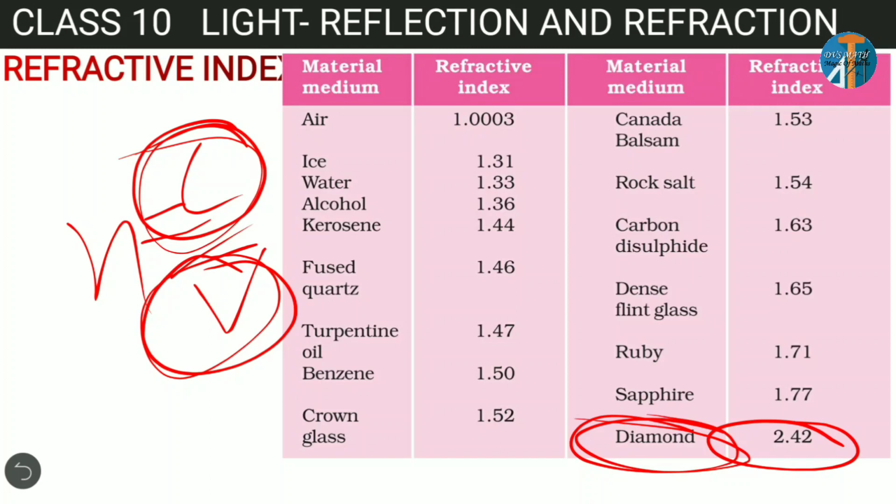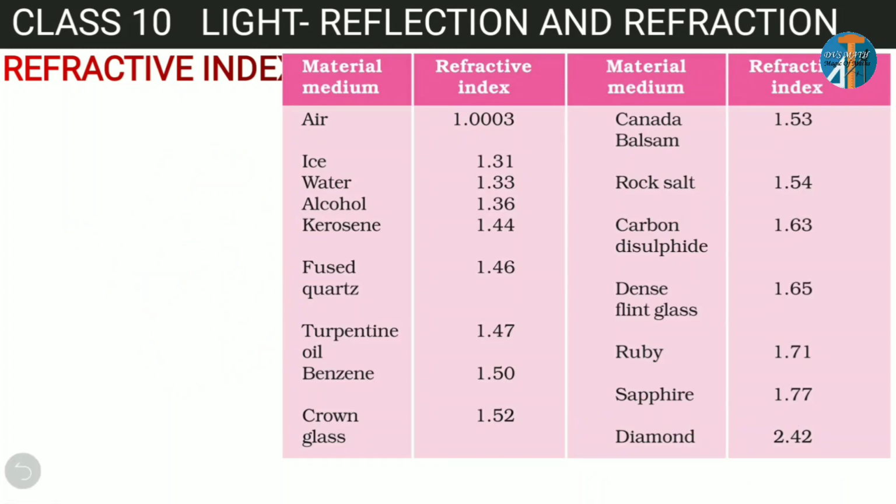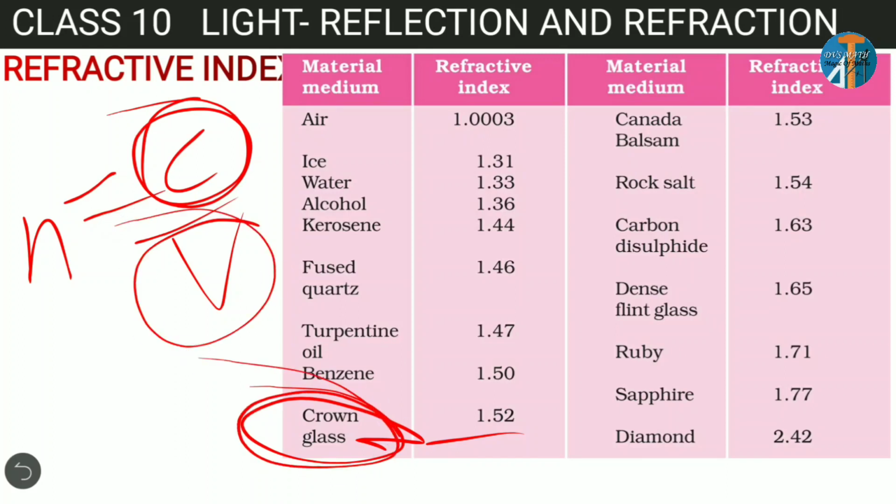Again, I am repeating. Or we can take another one, like crown glass. The refractive index of crown glass is 1.52. What do you mean by this statement? The ratio n is equal to C by V: the ratio of the speed of light in air or vacuum to the speed of light in the medium, particularly crown glass, is equal to 1.52.